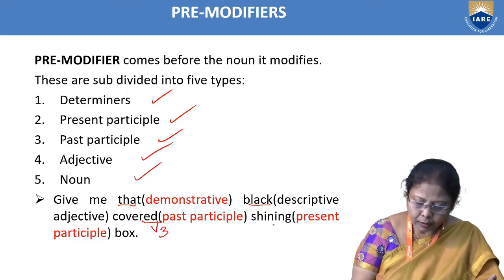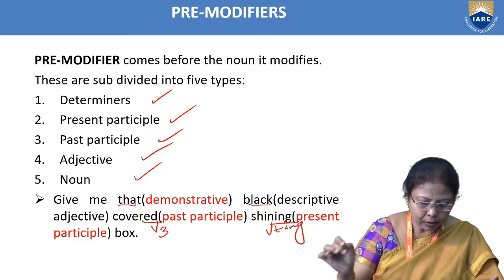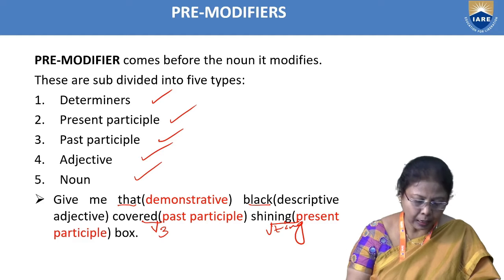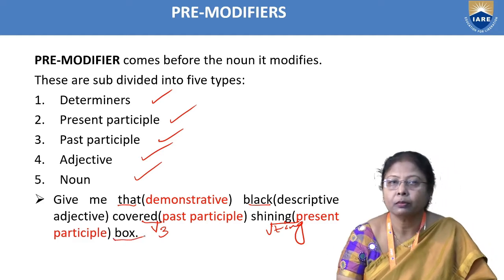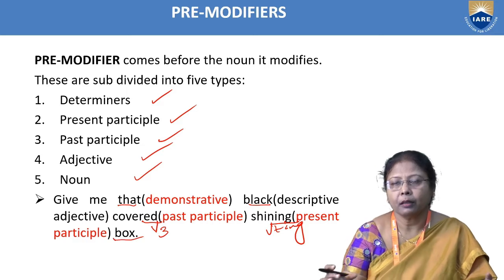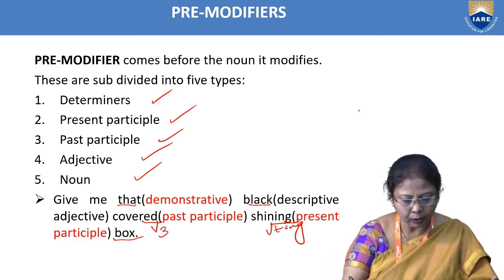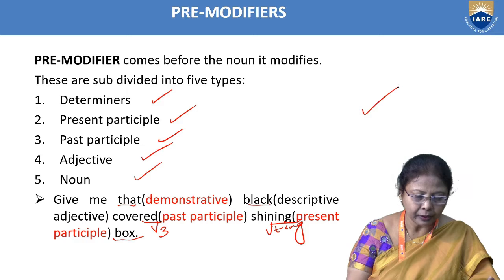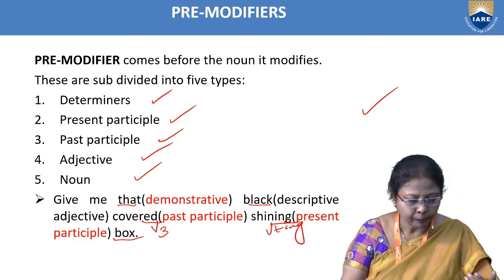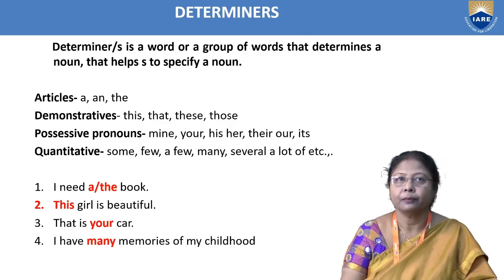And shining has V1 plus ing, it's a present participle. Box, as you know, is a noun. So in this way, in one sentence, briefly, I could explain these types of modifiers. Let us move on to the other subdivisions in detail.